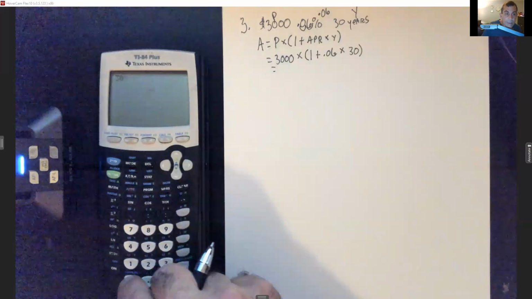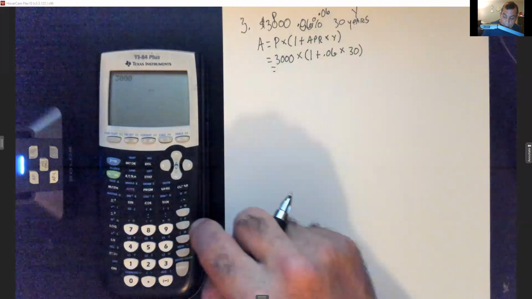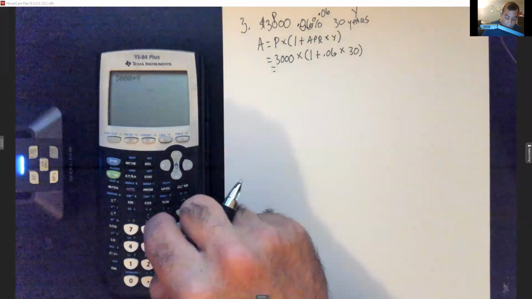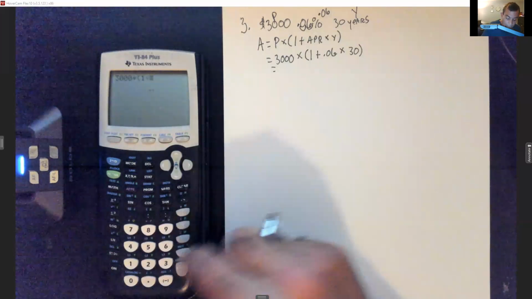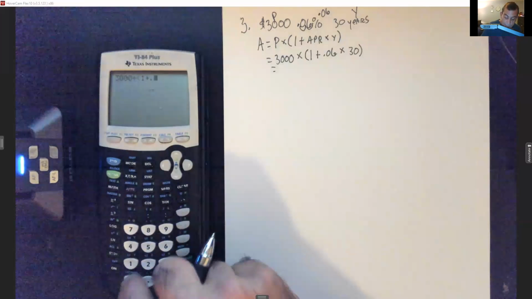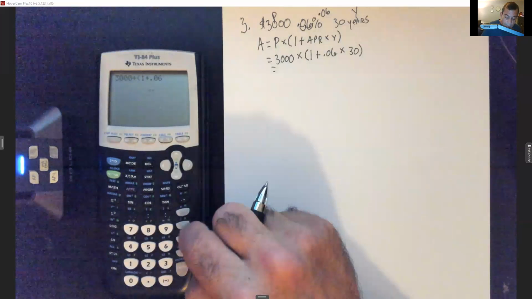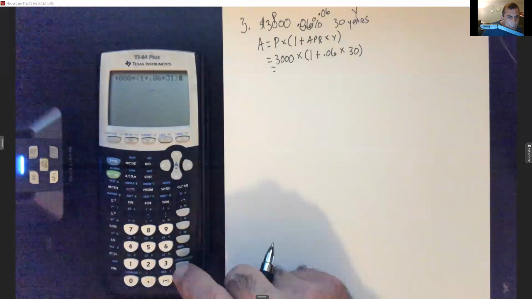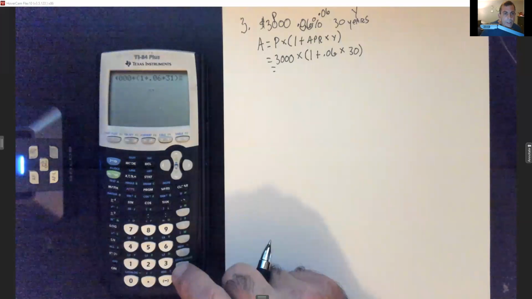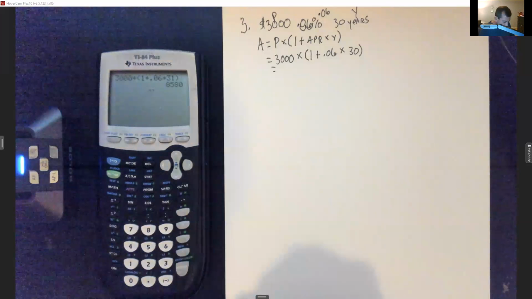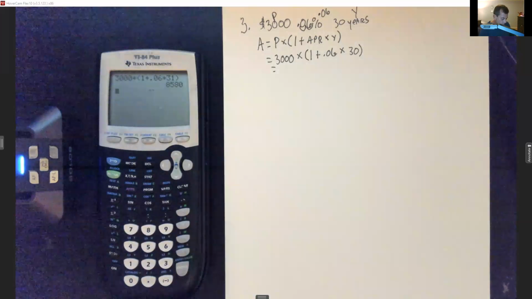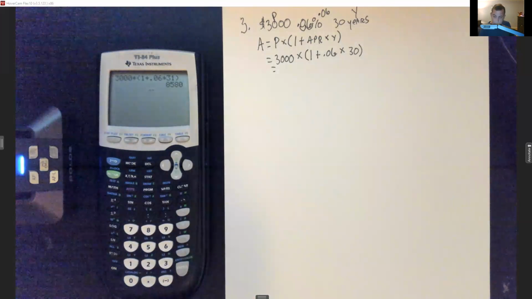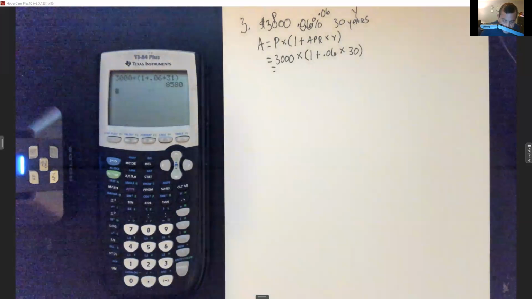So I got 3,000 times parentheses 1 plus 0.06 times 30. Close my parentheses. So let me hit enter and I get... let me see. I put something in wrong.